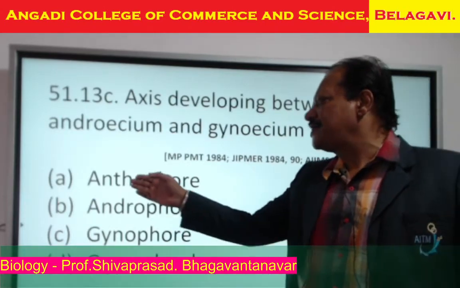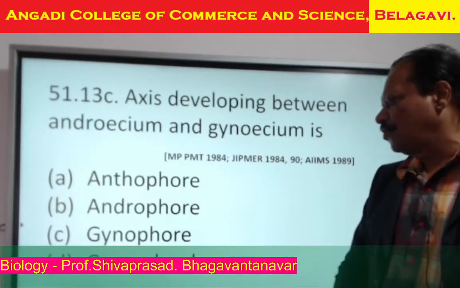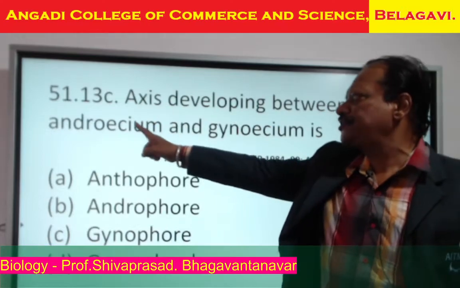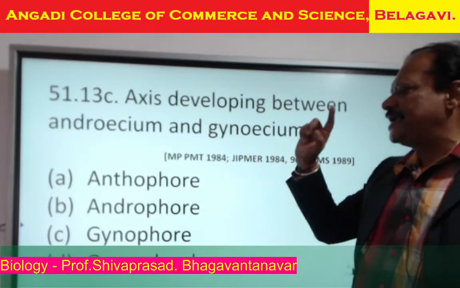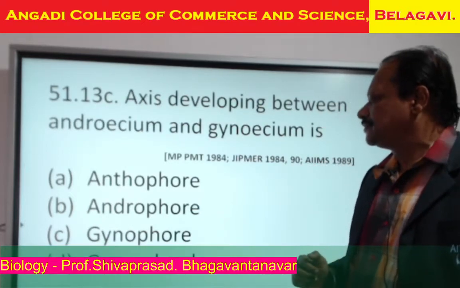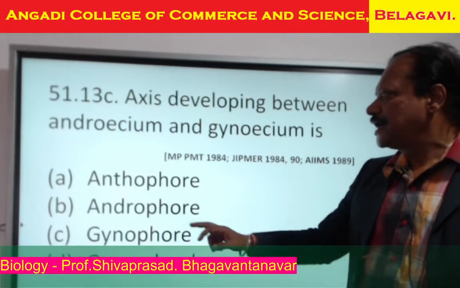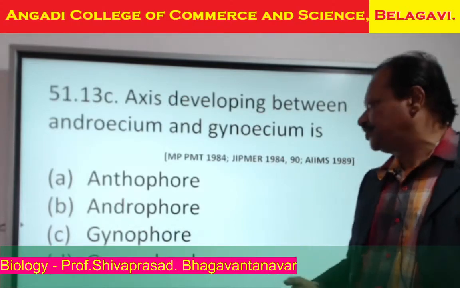Then here, anthophore, androphore, gynophore, gynandrophore. So here androecium and gynoecium is given. So the axis between androecium and gynoecium is considered as the gynophore. So the right answer is gynophore. Now we'll move to the next question.